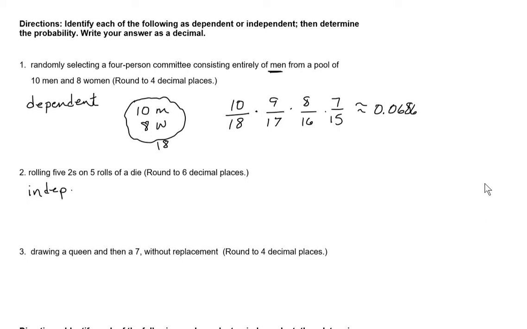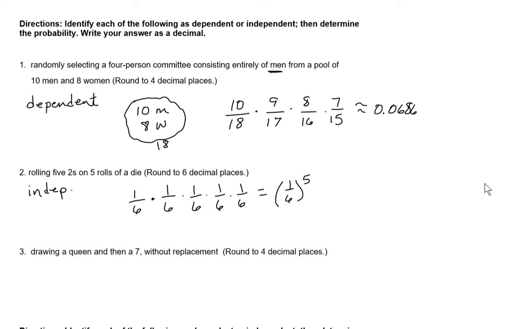The probability of getting a 2 is 1 out of 6. When I roll the second time, the probability is 1 out of 6. And the third time, and the fourth time, and the fifth time. Okay. So I'm going to write this as 1/6 to the 5th power.